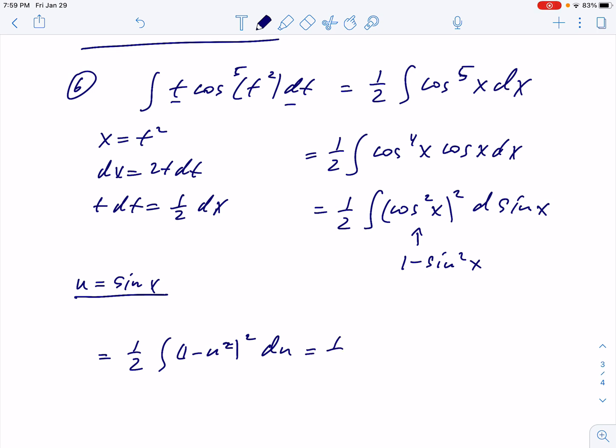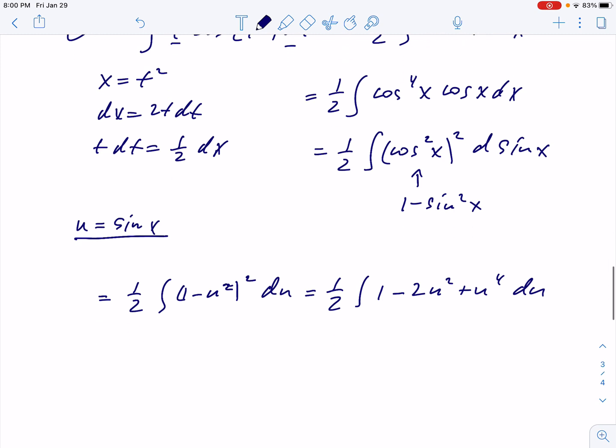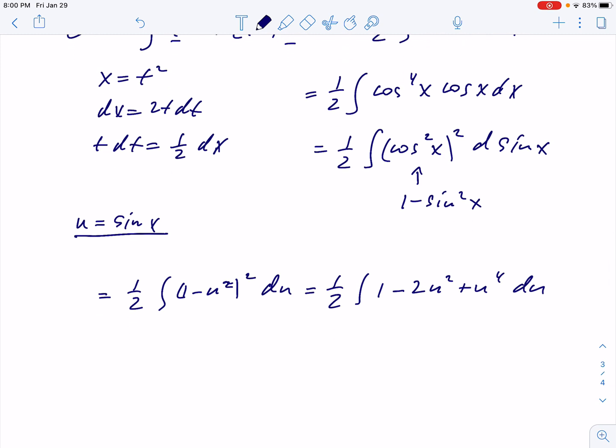Just a polynomial. Here we have 1/2, 1 squared, then minus 2 times the product, minus 2u squared, and plus u 4th power du. Simple polynomial to integrate. So we go term by term. Integral of 1 is u, minus 2u cubed over 3, plus u 5th power over 5, and plus c.